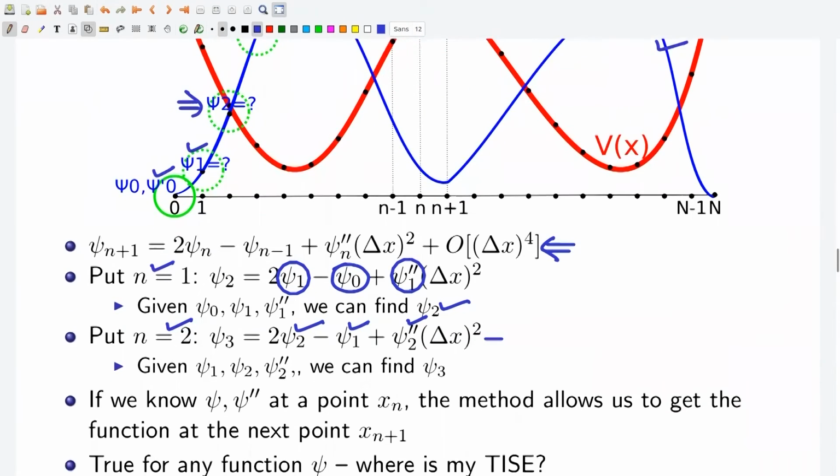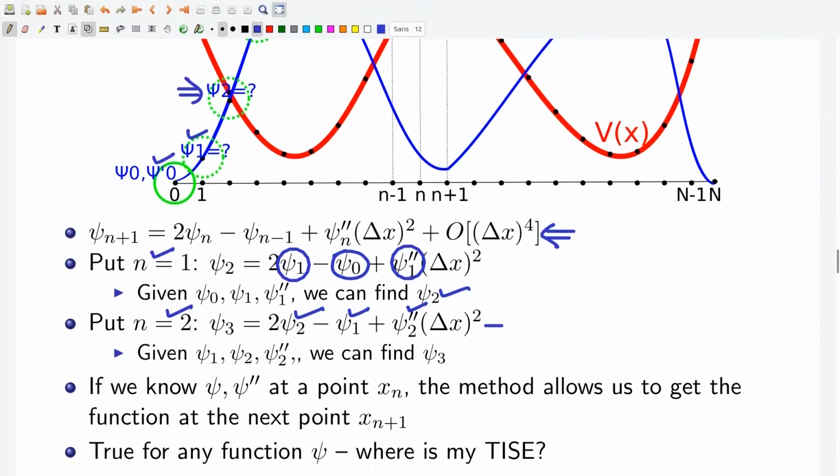So essentially, what we are saying is that if we know psi and psi 2 dashed at a point xn, then the method will allow us to get the function at the next point xn plus 1. So far, what we have done is true for any function psi.